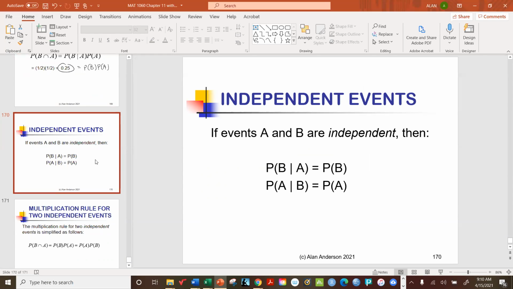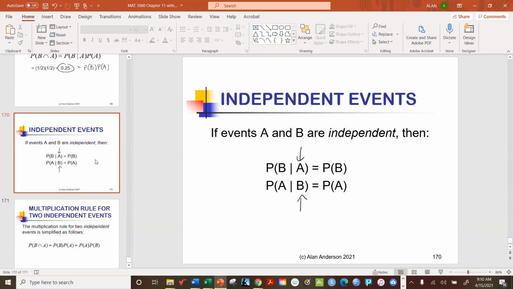As we've just seen, the probability of B given A is equal to the probability of B, and furthermore, the probability of A given B equals the probability of A. The way to think about it is that this information does not influence our probability. It's irrelevant. It doesn't matter. So therefore, these are equal to each other.